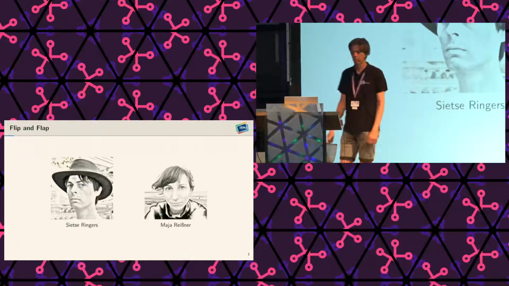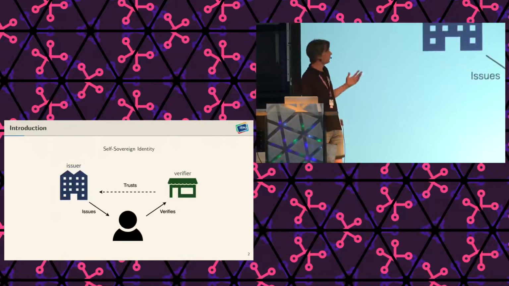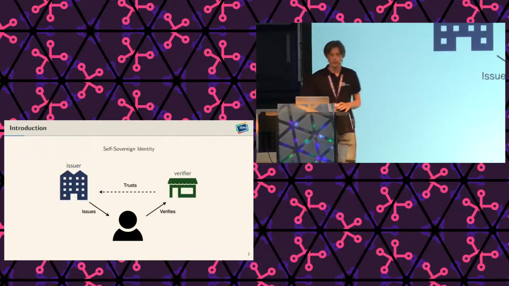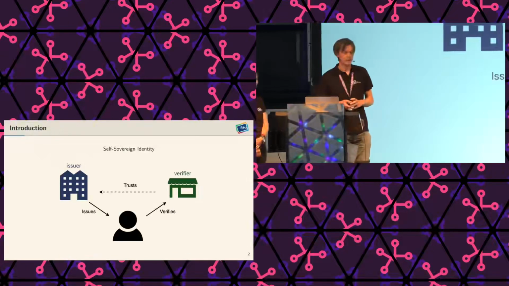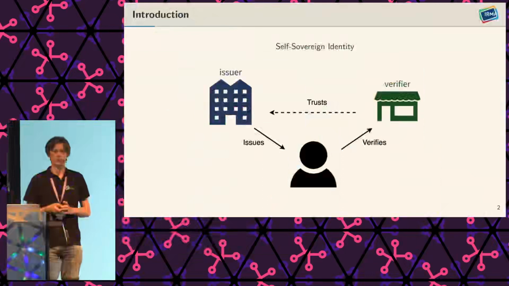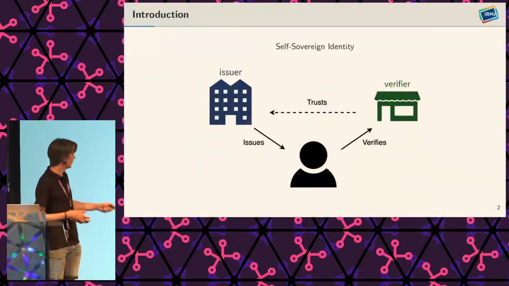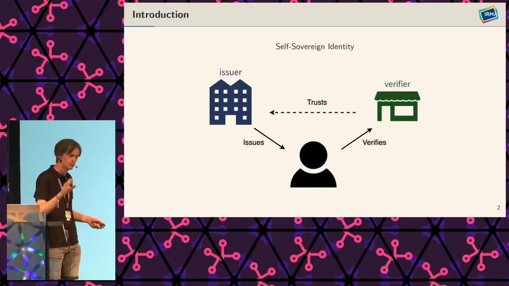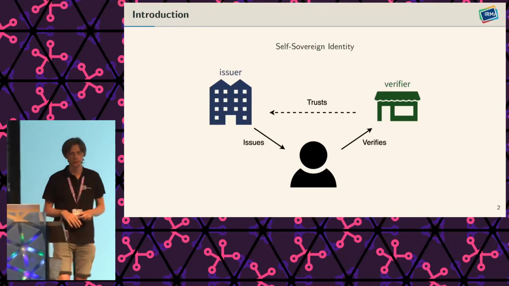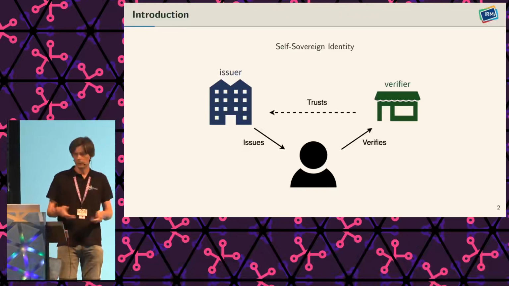All right. So IRMA is an implementation of a self-sovereign identity system. In a self-sovereign identity system such as IRMA, in the center there is the user. And the user wants to authenticate herself to some verifier.